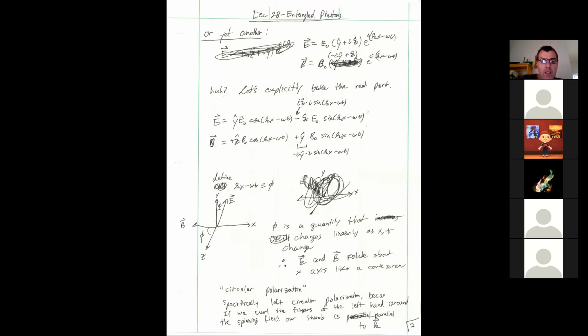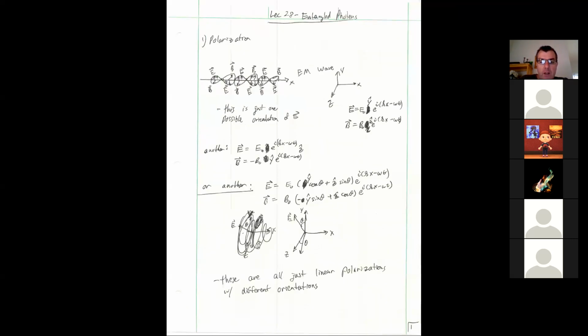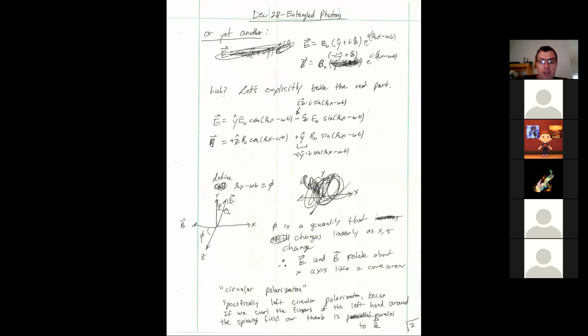And we call this circular polarization because instead of tracing out a line like it would do here where it's just oscillating up and down, as it's swirling, it traces out a circle. And it's left circular polarization because the way I've written this, the angle phi is becoming more negative in time.